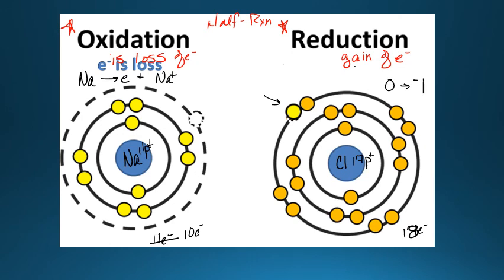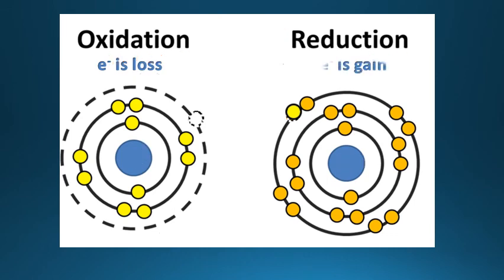It went from a 0 to a -1. So when you gain an electron, the charge goes down. I know some of that is pretty mind-boggling, and we'll keep looking at this. But oxidation is loss, reduction is gain.